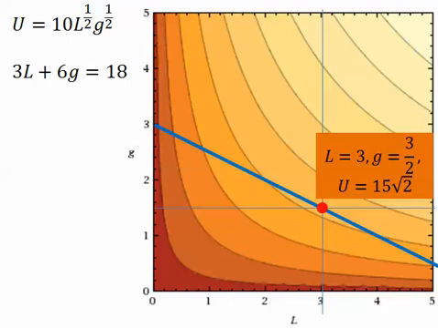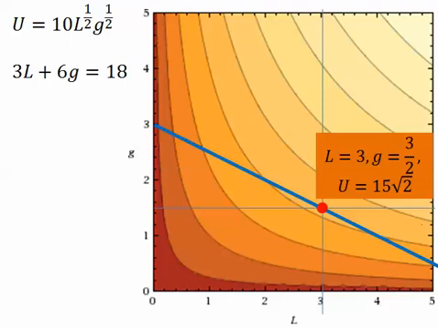And then I have the level curves of U showing. And the optimal point is where U equals 15 radical 2. Now, they've not drawn a level curve for U equals 15 radical 2. So it's not on a level curve, but that's visible, but there is a level curve for that value too.